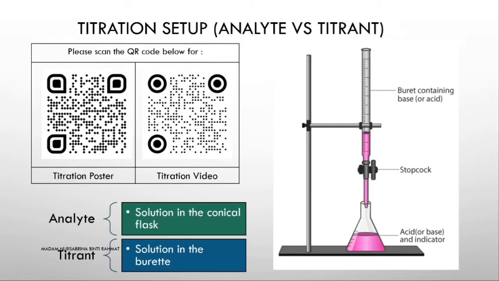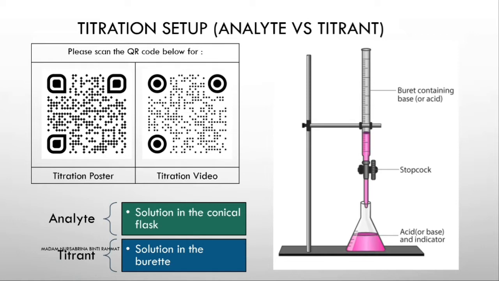Last time you already did your experiment on titration, which is your experiment 2, where you used a phenolphthalein indicator and you were asked to observe a pale pink color solution at the end of the titration experiment. As you can see, there are two different QR codes given on the screen.